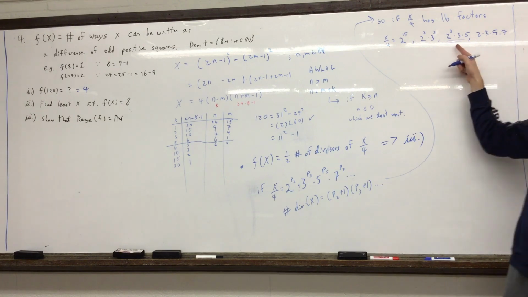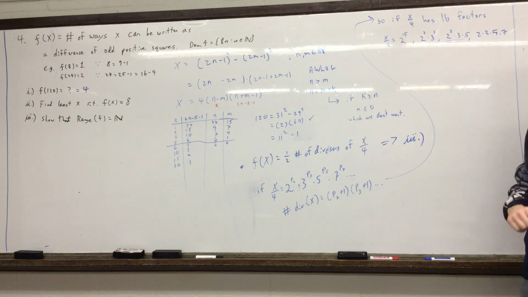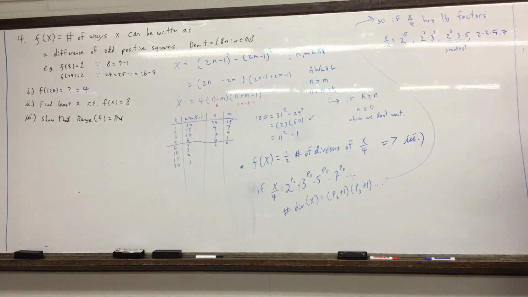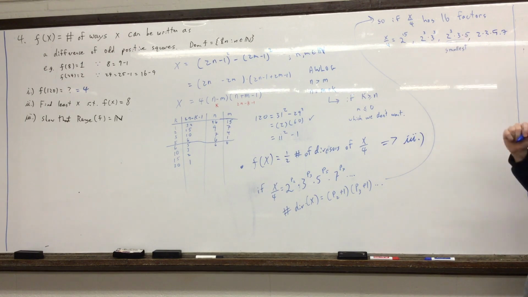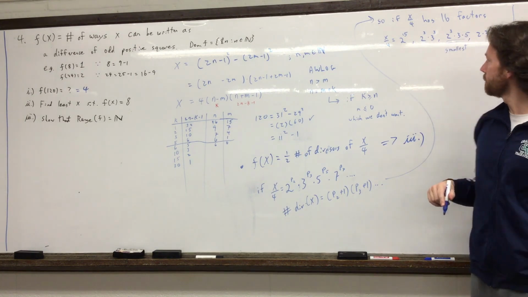Yeah, so 8 times 3 times 5 is definitely smaller than 2 times 3 times 5 times 7. Right. On the other hand, 9 is bigger than 5, so this guy's bigger, and this guy's just way bigger. I barely even have to calculate it.